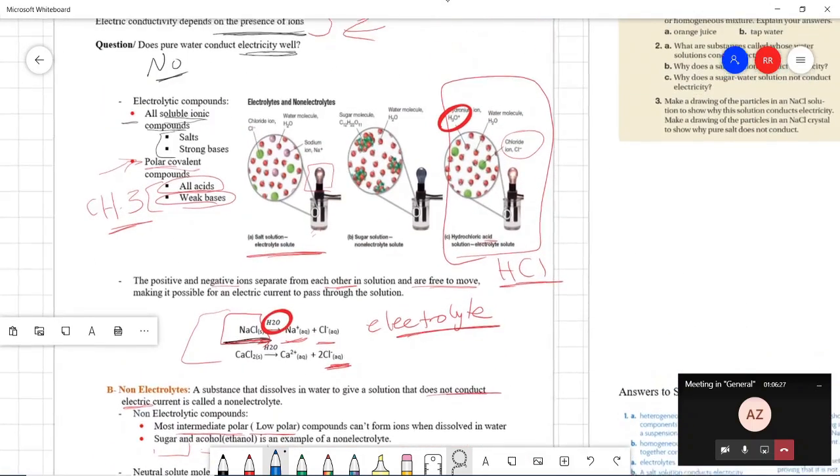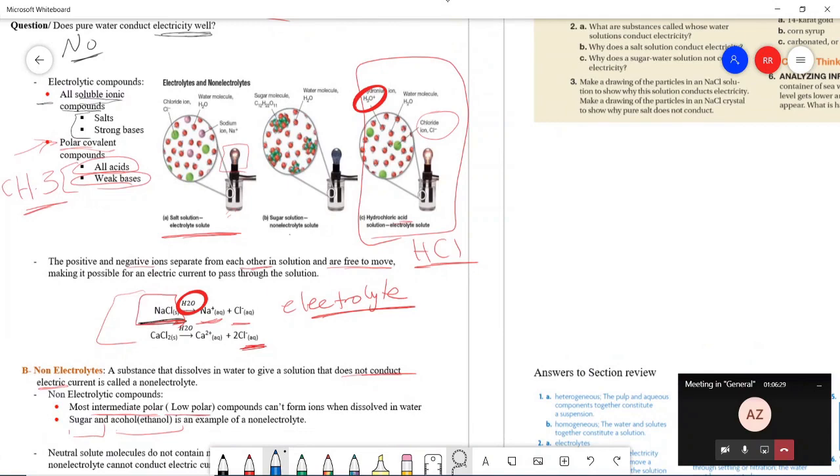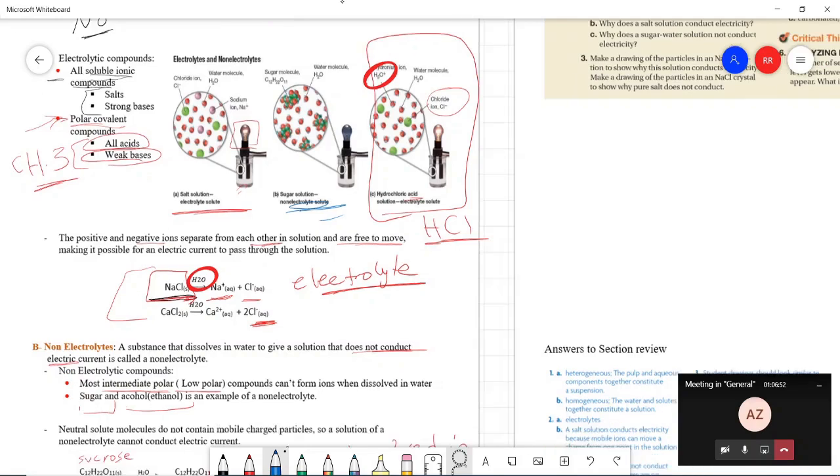So if you look at this figure, you can see sugar molecules are dissolved in this solution, but since sugar particles do not form ions, they are counted as a non-electrolyte. All right. So these are the differences between electrolytes and non-electrolytes.